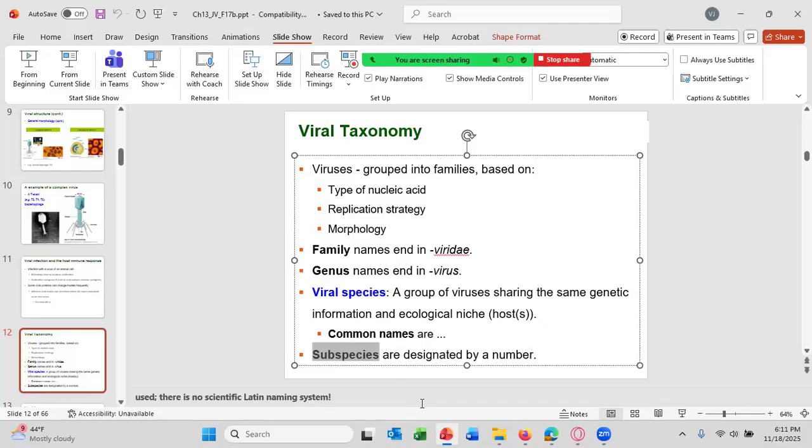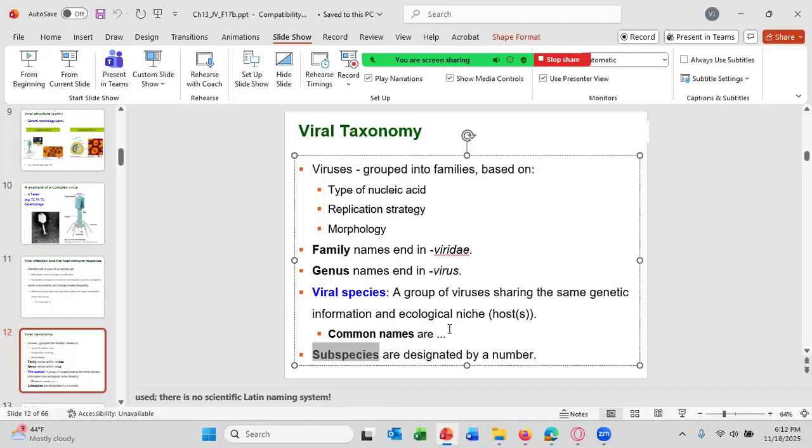Another subspecies that you know, besides poliovirus 2, which I think is called the Sabin vaccine, and poliovirus 1, which causes the disease polio. You also probably know herpes simplex type 1 and herpes simplex type 2. Both of them are herpes simplex virus. They infect human cells. They can infect the same human cells, by the way.